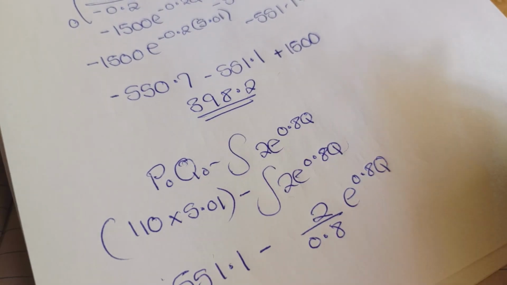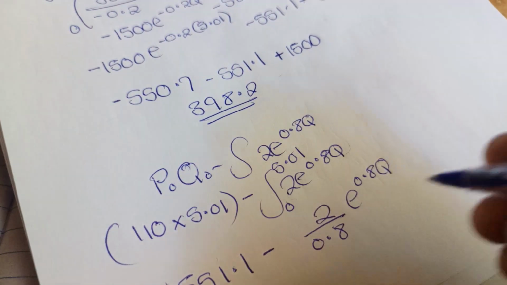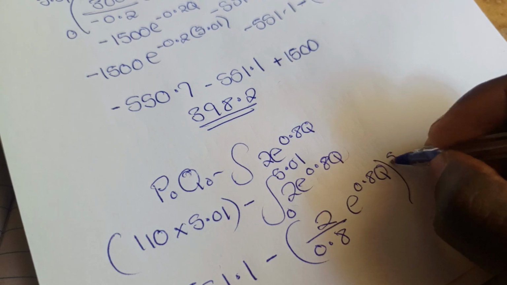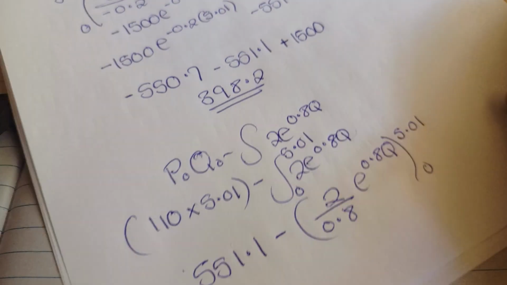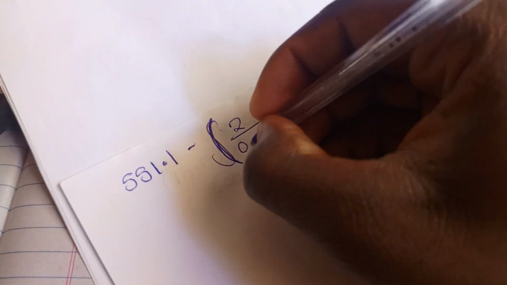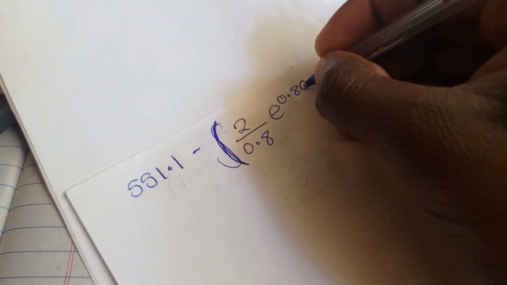So the same is done as well. Remember, we are coming from 0 going to 5.01, where we'll be asked to separate these two brackets. So we are continuing. The rectangle is 551 minus, sorry, let me have the bracket there. Then we have 2 over 0.8 e to the power 0.8q, like that.